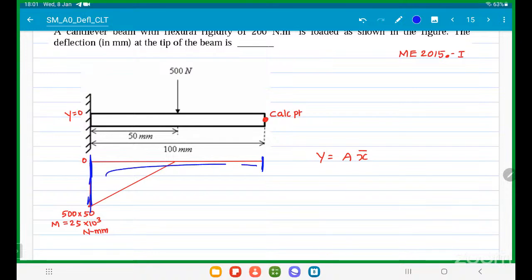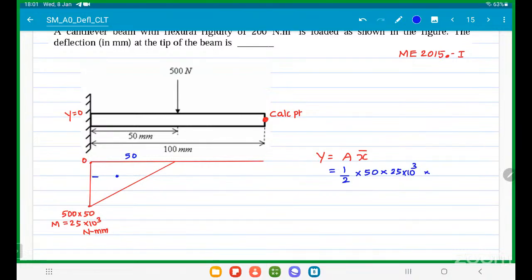Full area is not available, sir. Available area is only this half of the length. Whatever the available area, take it. So this is 50. Area is equal to half into 50 into 25 into 10 power 3. Area ready. Into X bar.